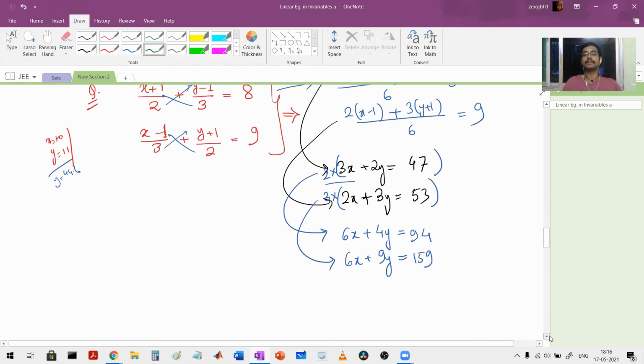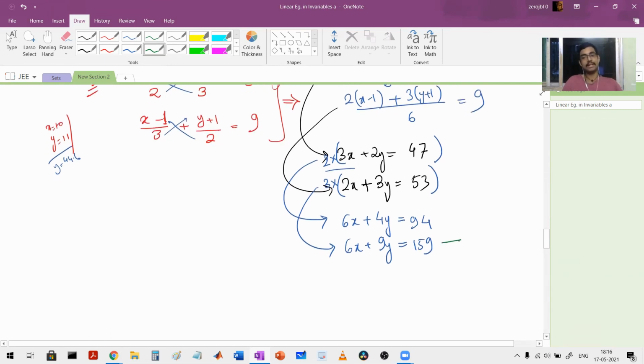Okay, now what do I do? Now suppose this is 3 and 4, this is 1 and 2. So now you subtract 3 from 4, that is 4 minus 3. So 6x minus 6x gets cancelled. 9y minus 4y is 5y.